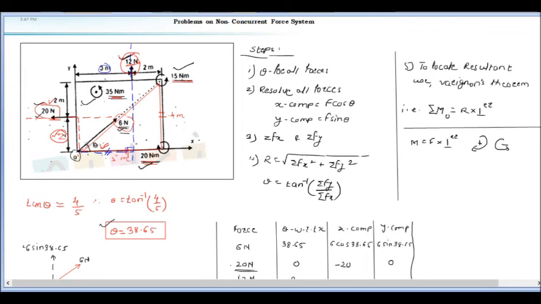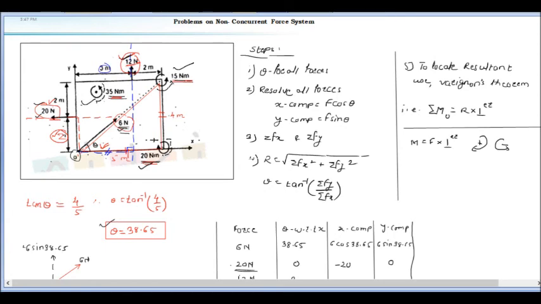Now we will consider the sign convention according to the rotation. Now this 15 Newton meter is rotating in the anti-clockwise direction, 35 is also rotating anti-clockwise, and only 20 Newton meter is rotating in the clockwise direction. So anti-clockwise we take negative and clockwise we take positive.